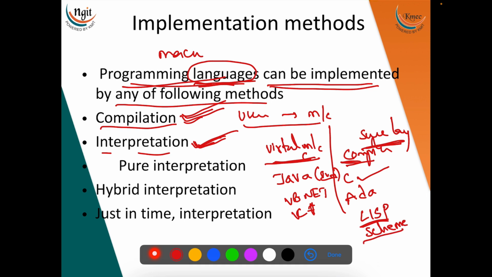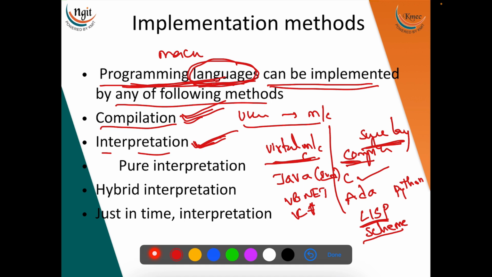And the most familiar language is what? Python. Python also uses the interpretation implementation method to execute the instructions written using that language. So this is about implementation methods, the general idea.